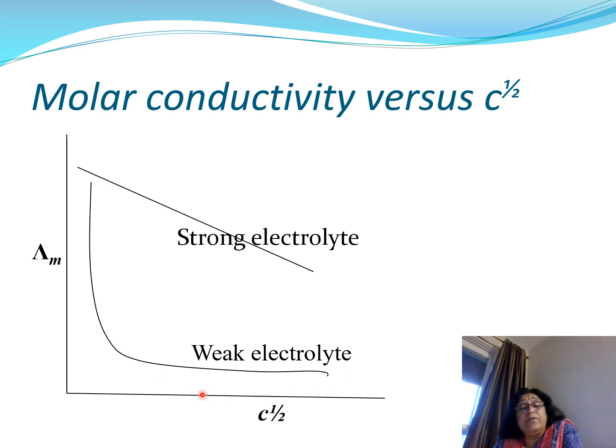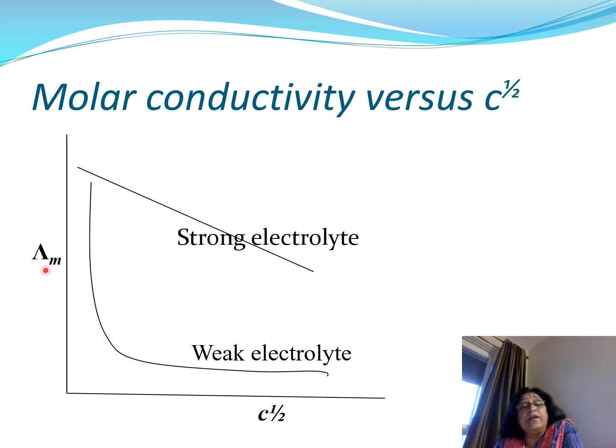Then for a weak electrolyte, what happens when you are increasing water or increasing the solvent? The dissociation increases as per Ostwald's dilution law. So dissociation increases on decreasing the concentration or increasing the volume. So when you are increasing the volume of water, the molar conductivity increases.